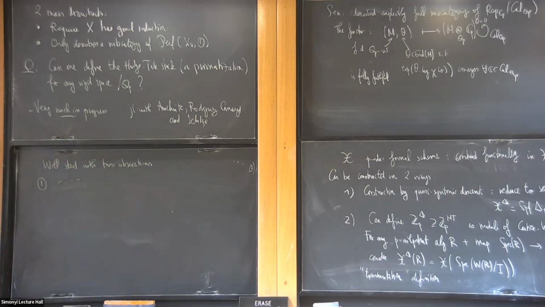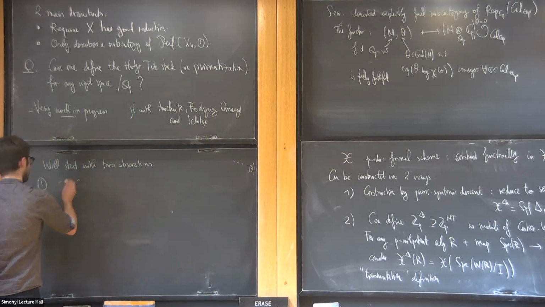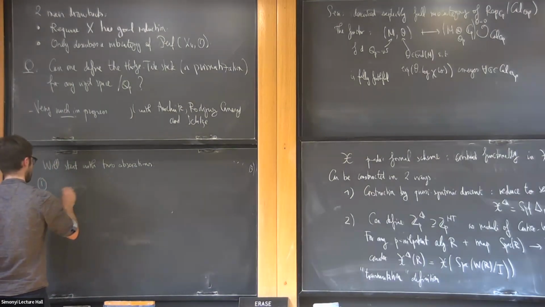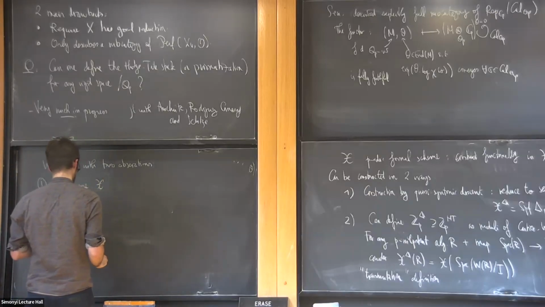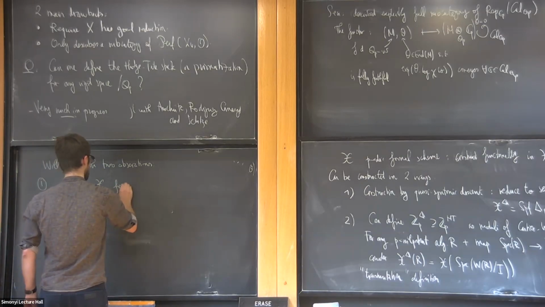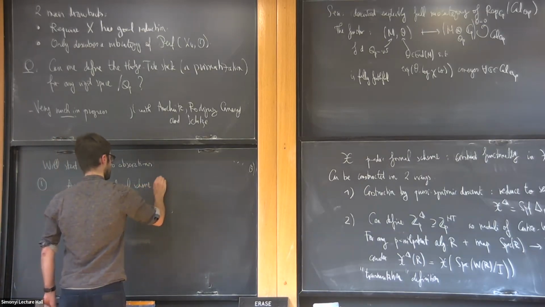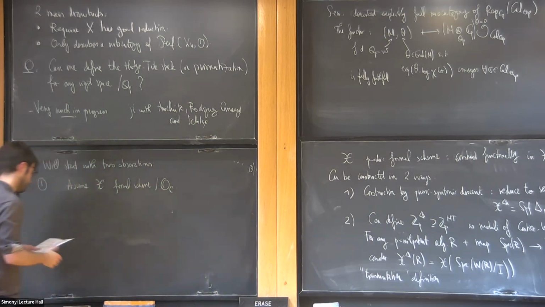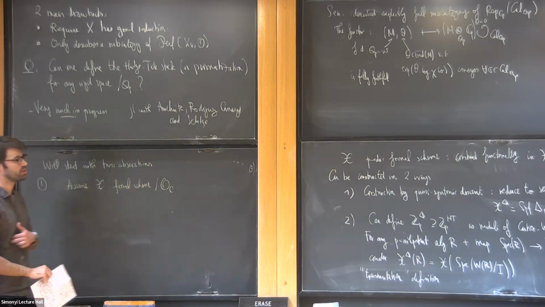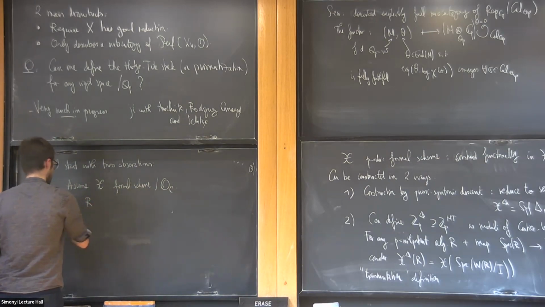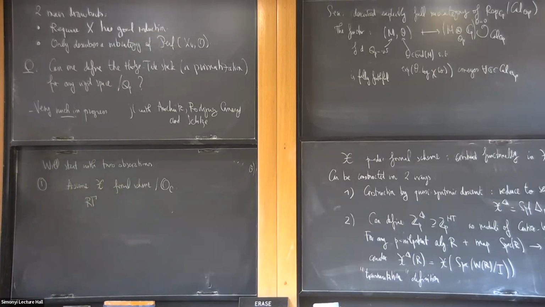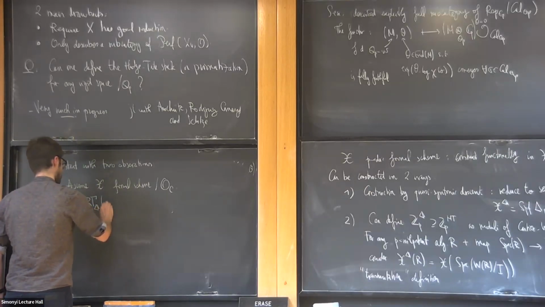So let's try to see what is reasonable in maybe a specific situation. So let me put myself in the relative setting. So assume that you have this formal scheme X, we are in the geometric case, over O_C, where C is, as before, a complete algebraically closed extension of Q_p. Then we know by the results of Bhatt-Lurie that prismatic cohomology of X lives over A_inf.